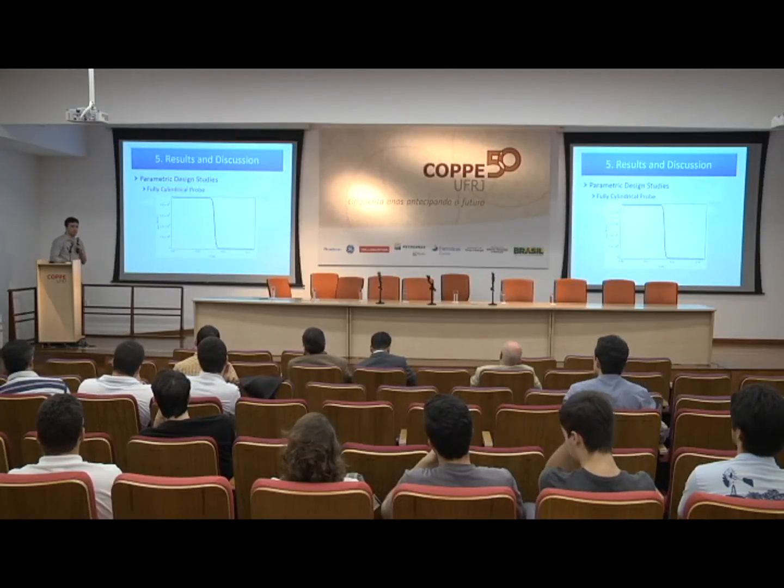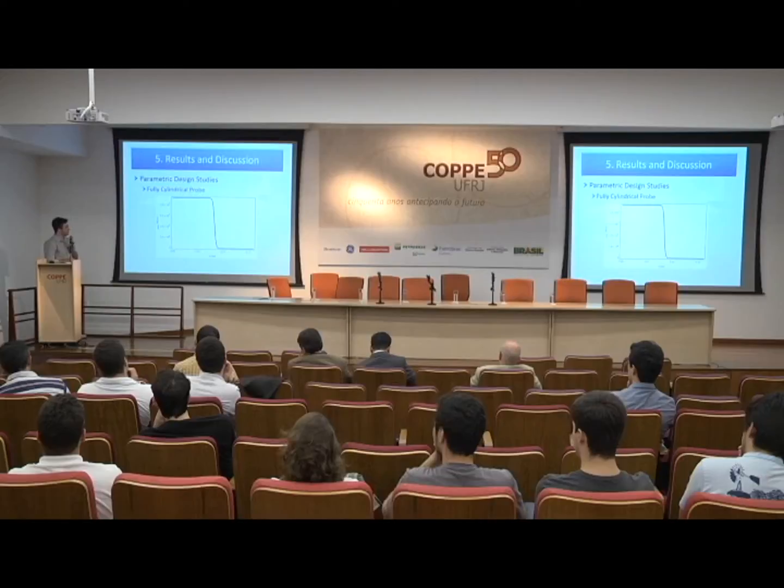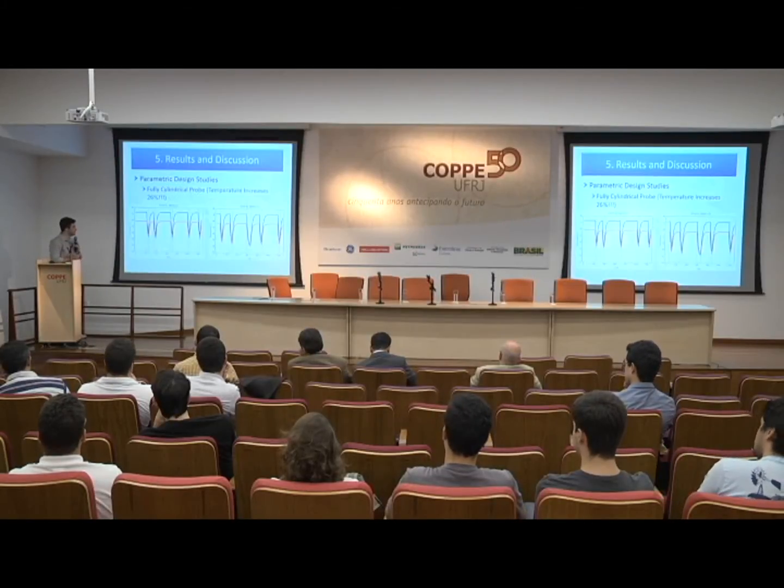If we have a cylindrical portion, we can pull the thermal protection system more closely to the stagnation point. That's where we want the heat to go. And the results were amazing. 26% just by doing that. 26% increase of temperature there.